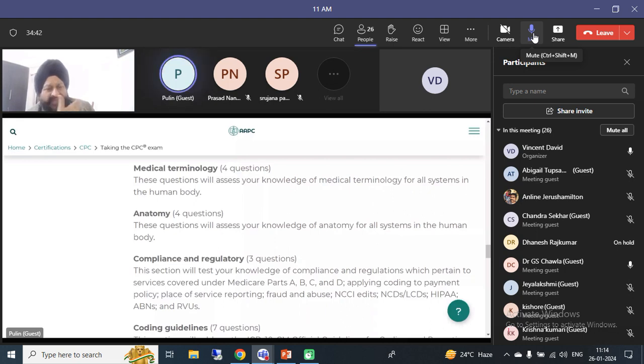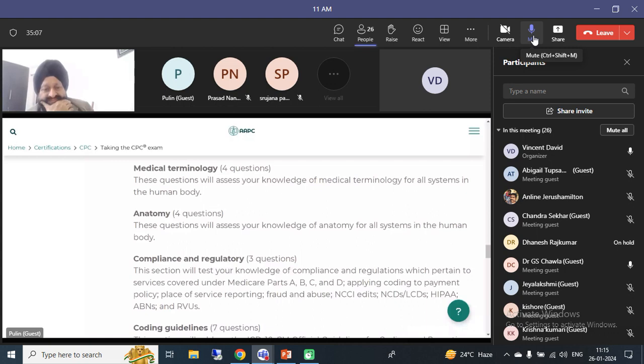Exactly. CPC is just a basic certification, just to show that if someone has passed CPC, that person knows the guidelines and is able to code the chart. That is the only thing. That is not proof of any expertise, but just a basic certification in medical coding.